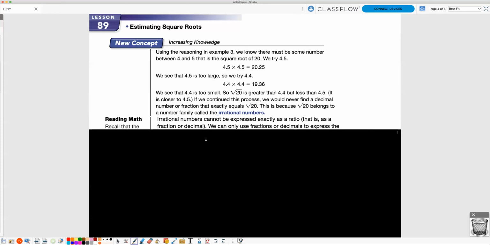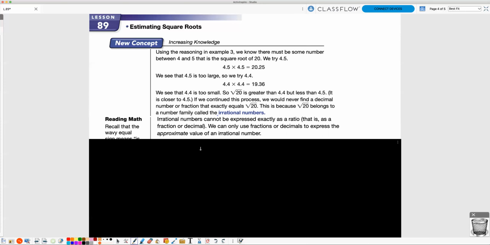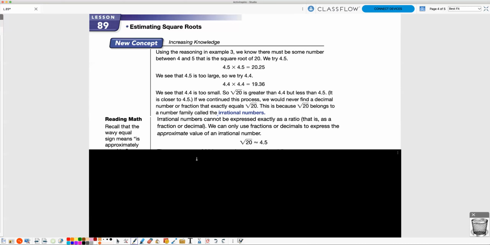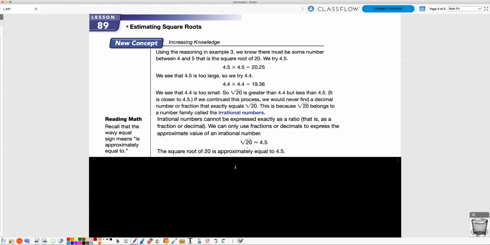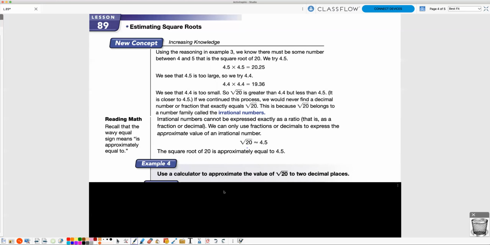We can only use fractions or decimals to express the approximate value of an irrational number. So the square root of 20 is approximately 4 5/10. This wavy equal sign means approximately, or close to it.